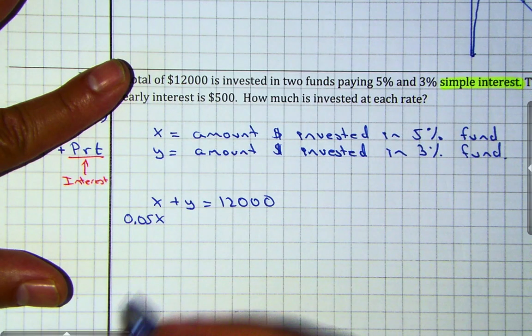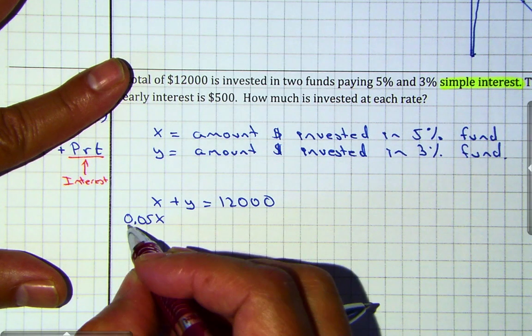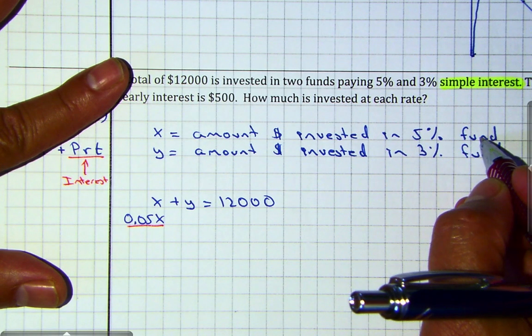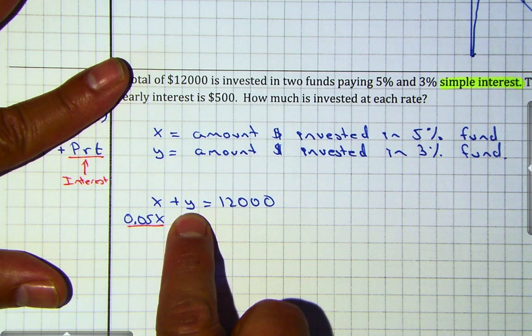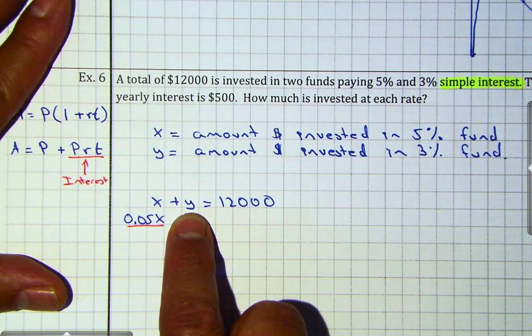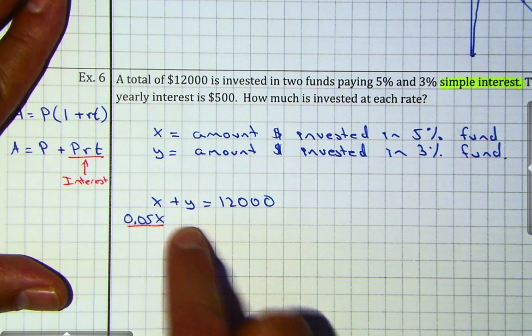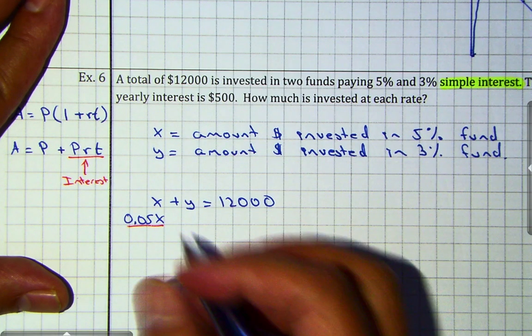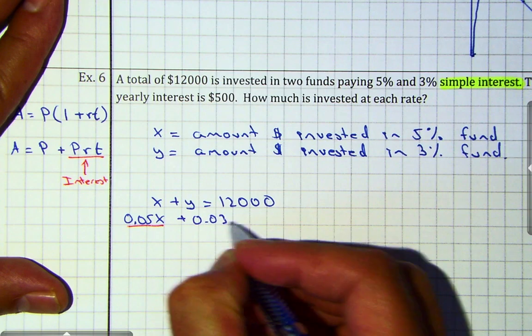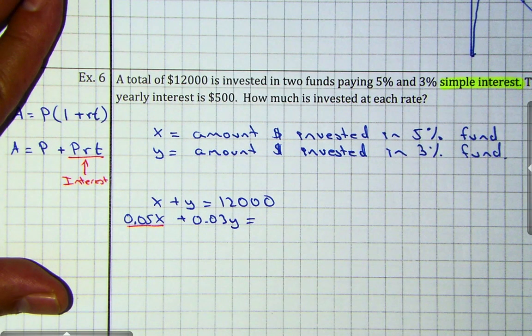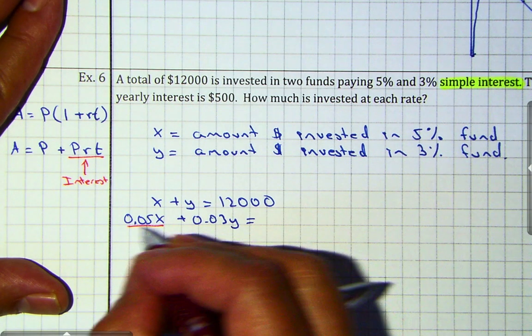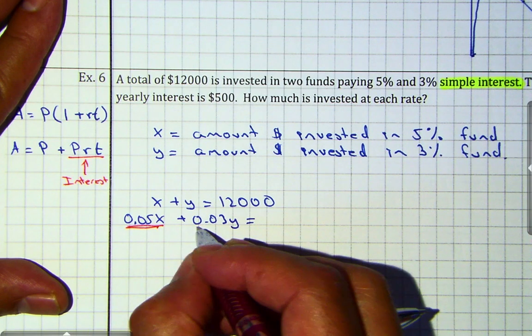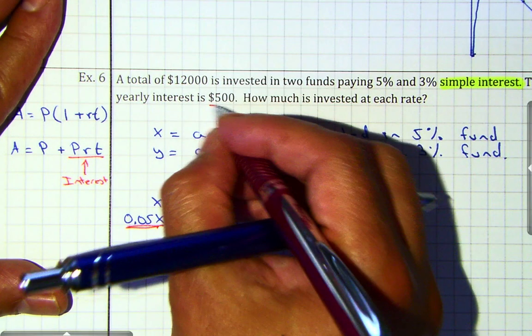Correct? That's how much money you're going to get back from your 5% interest. The interest from the 3% fund will be 0.03y. And in total it will be 500.